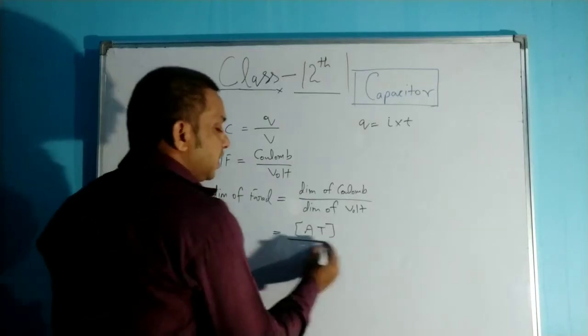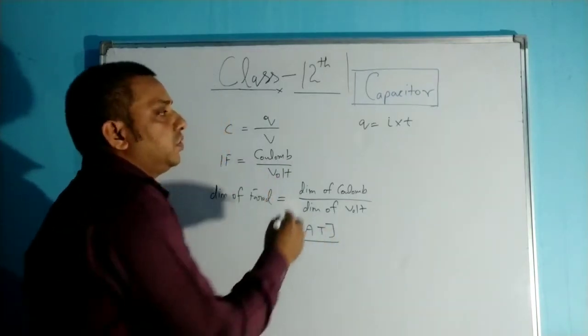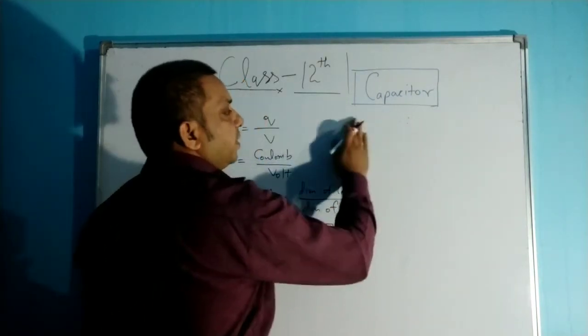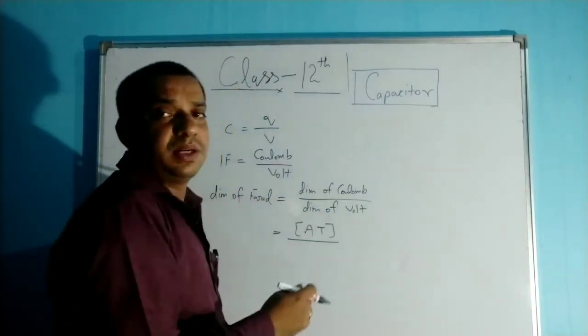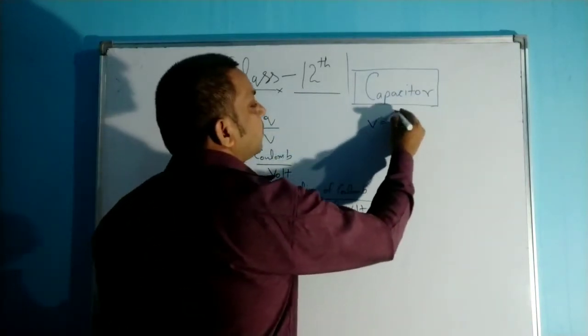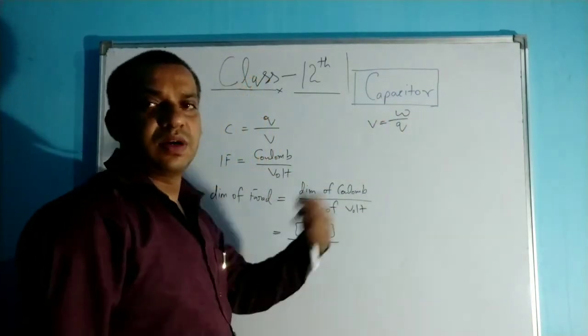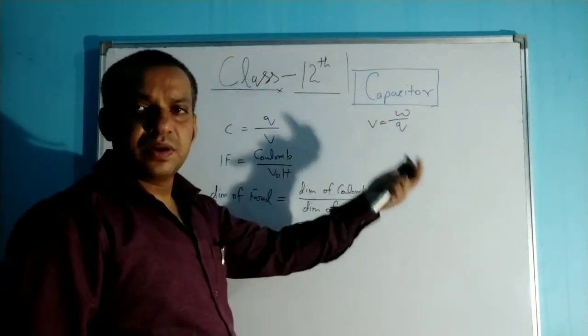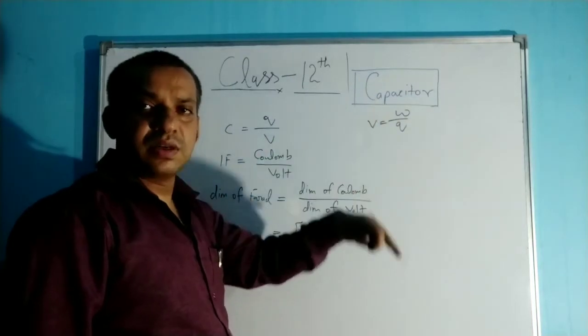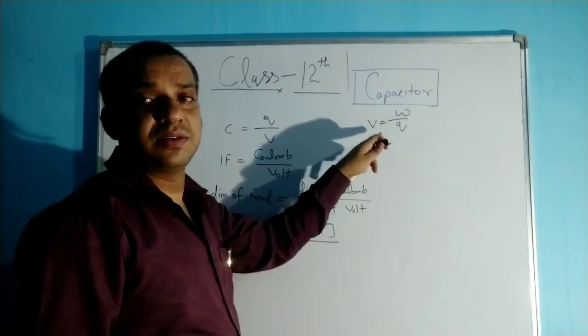Now just write down the dimension of the volt. How can you find it? You know the basic definition of the electric potential: V is equal to W by Q. The amount of work done in bringing the test charge from infinity to a certain point in an electric field is called the electric potential.